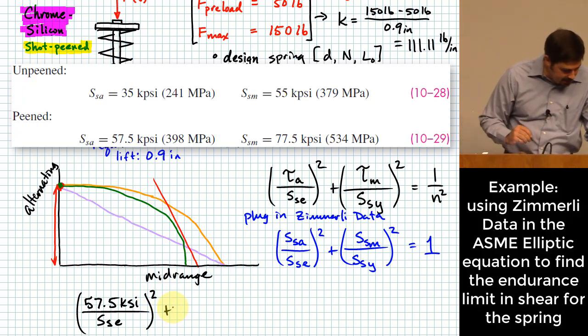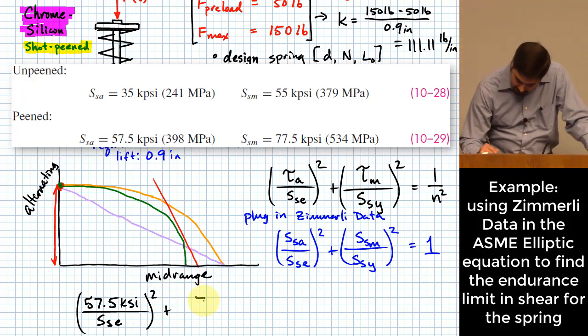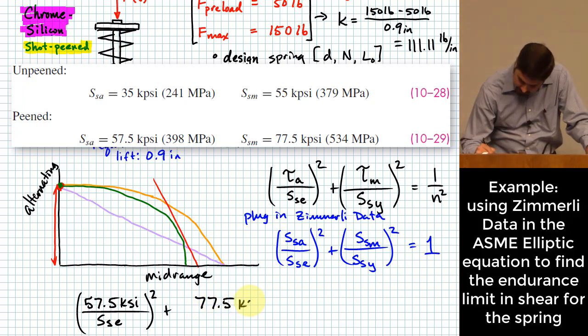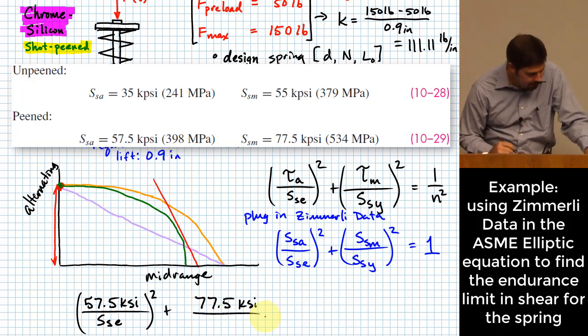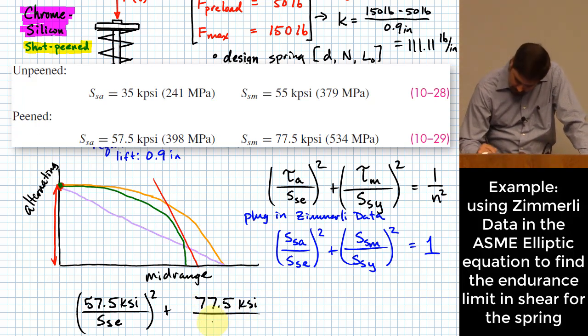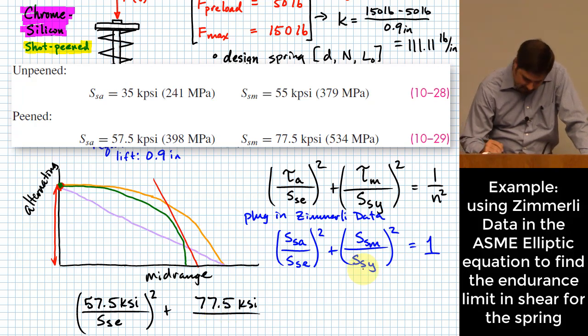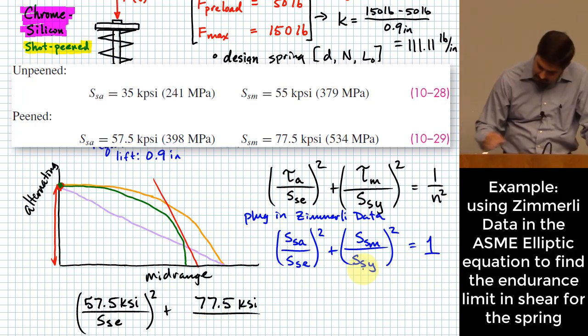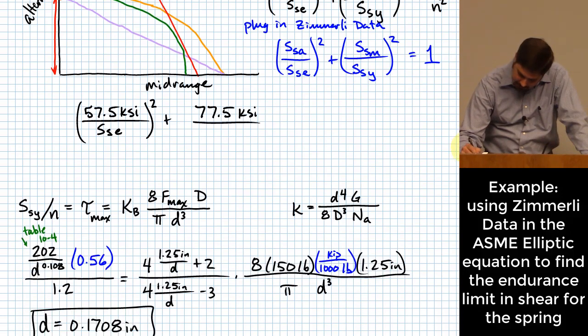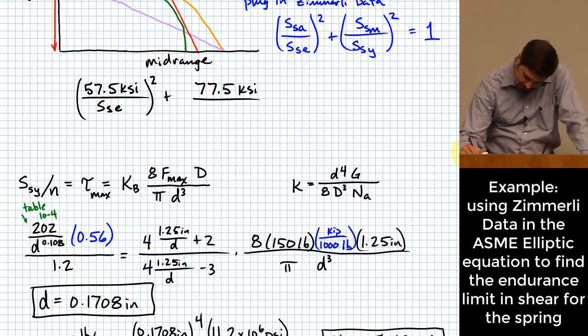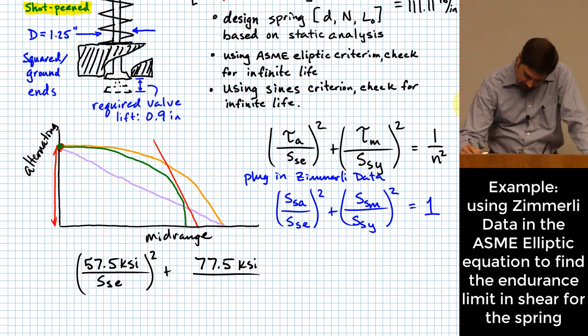S sub SM is 77.5 KSI. Okay, and this gets divided by S sub SY. And S sub SY from earlier, did we ever find that all by itself? I guess we didn't. All right, let's go ahead and calculate that.